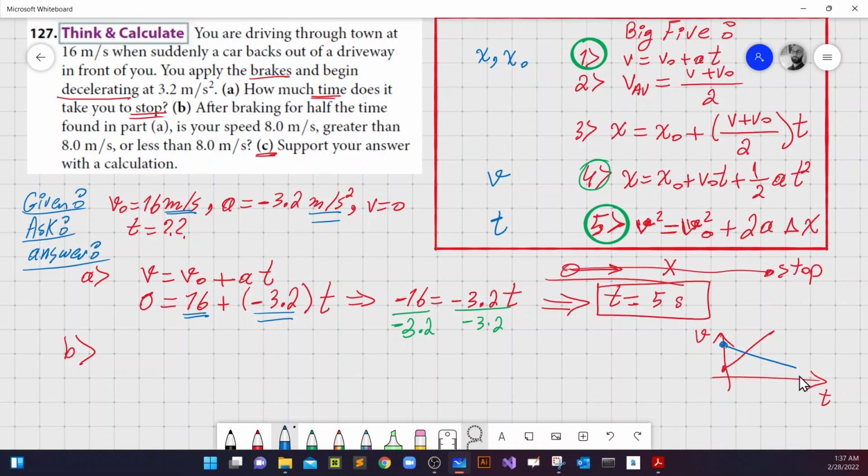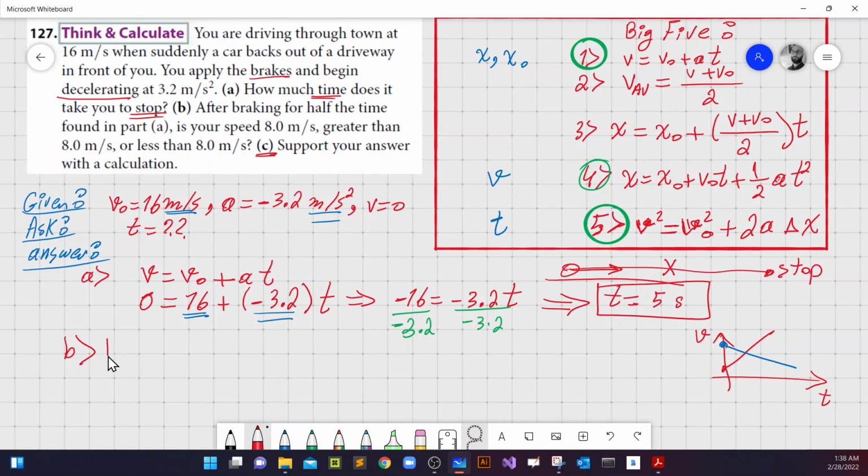So since it's linear for constant acceleration, the velocity will be half the initial velocity when we have braked for half the time. Therefore, the speed after braking 2.5 seconds will be equal to 8 meters per second.